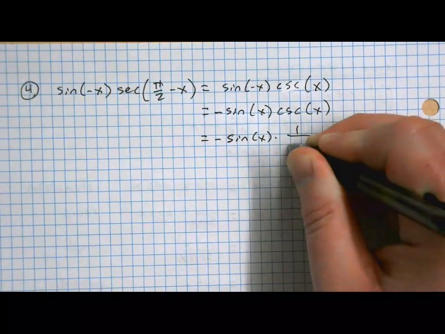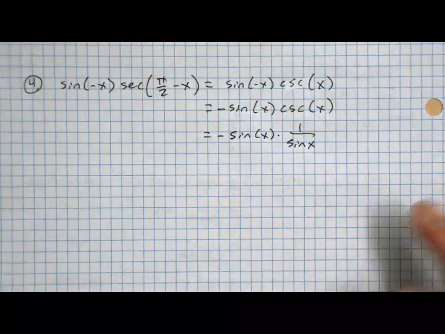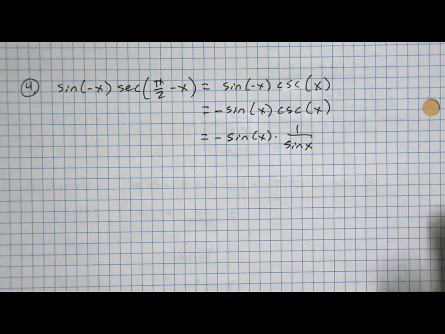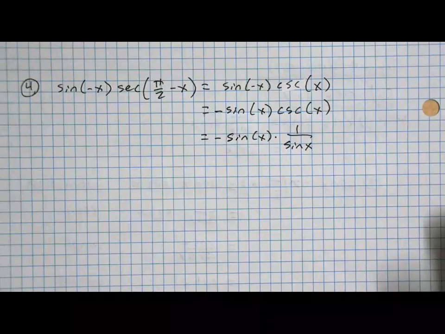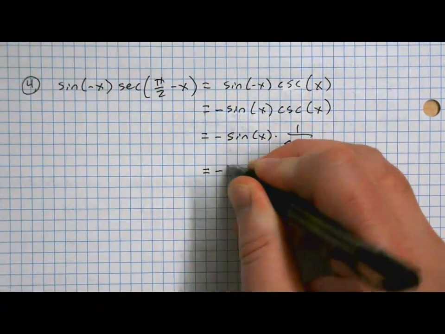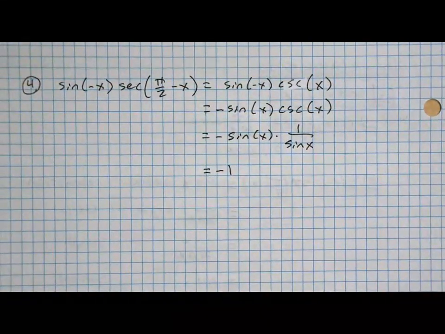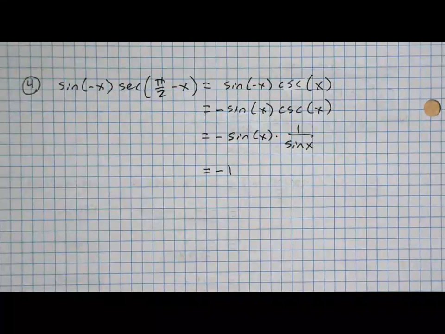I see what's going to happen here. What is the opposite of sine x times 1 over sine x? Those would cancel. Negative 1. I don't think we're going to get any simpler than that. Hooray!